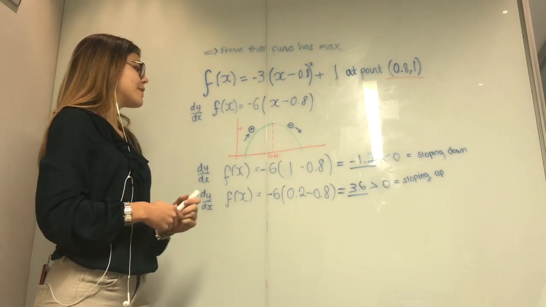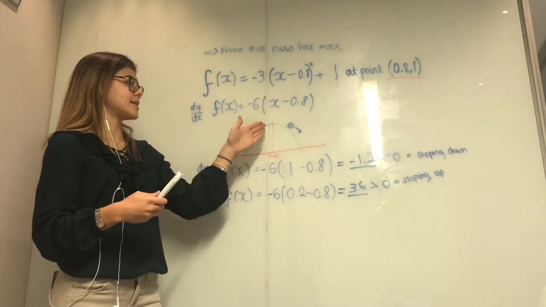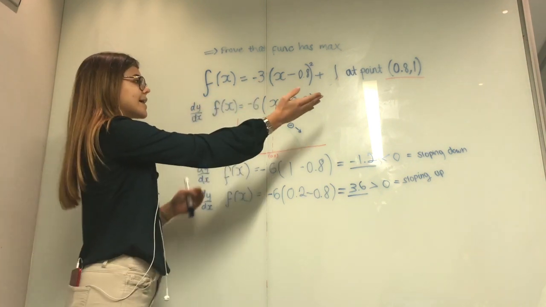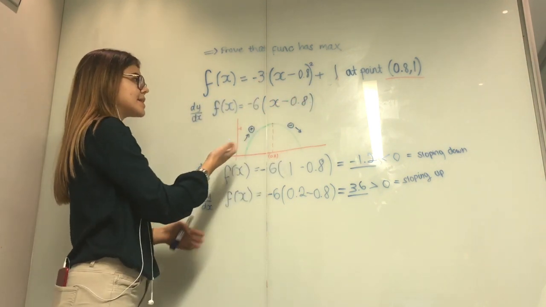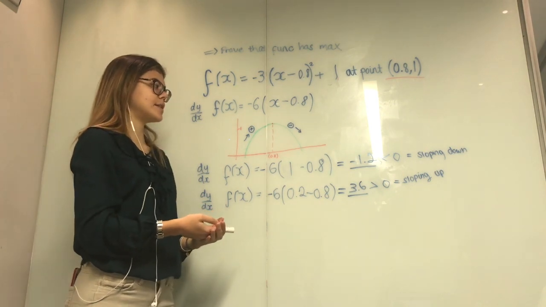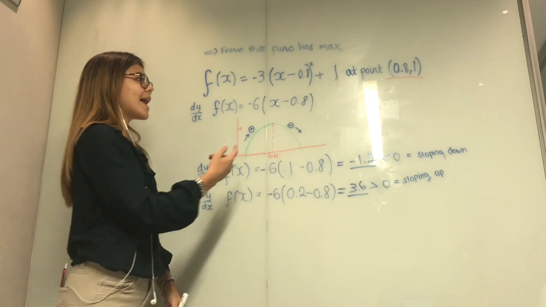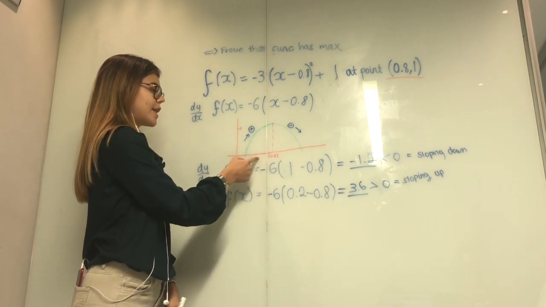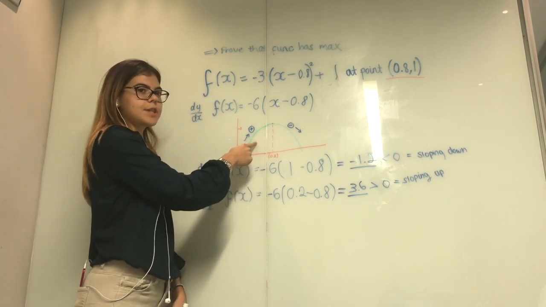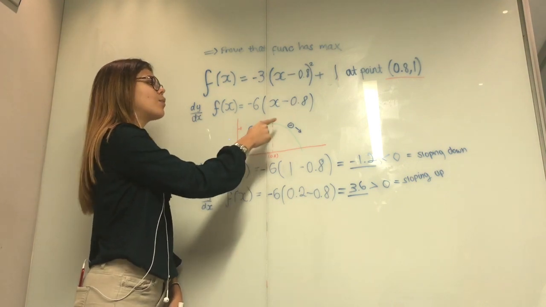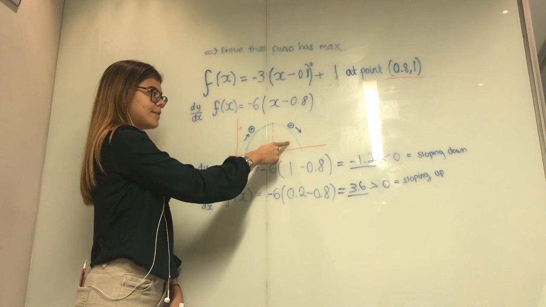Now, in order to prove that this is a maximum point, we would need to find the slope when x is smaller than 0.8 and the slope when x is bigger than 0.8. And we can make a prediction already, thinking that when x is smaller than 0.8, we would get a positive value for the derivative, whereas when x is bigger than 0.8, we would get a negative value for the derivative.